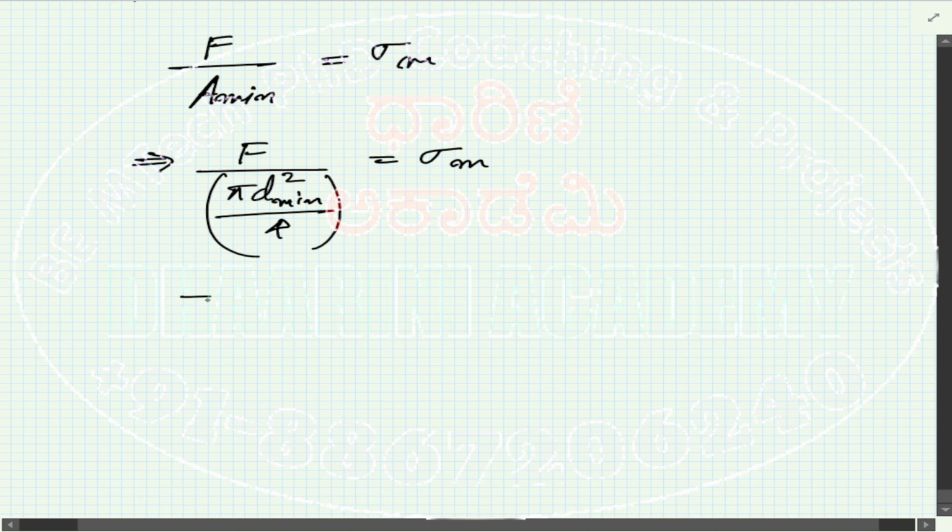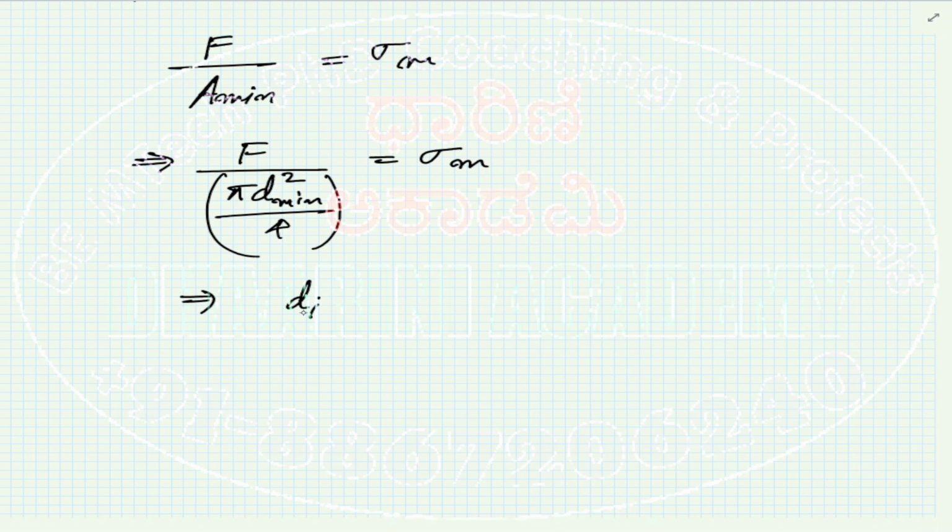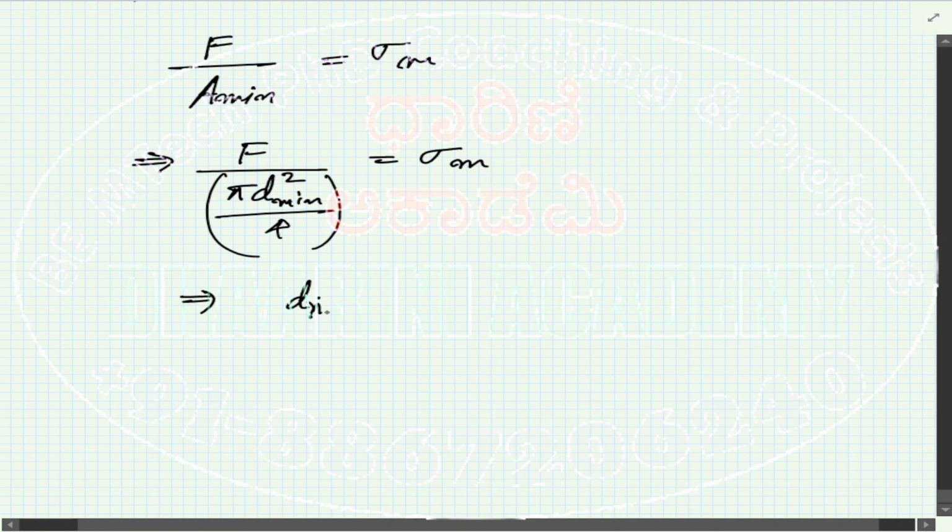Right, now let's calculate the d min. Therefore the d min is equal to 4 times F divided by pi into sigma m under root, because d had a square. Now I need to write a square root. So let us substitute. This is 4 into force is given, so it's a 10 kg.